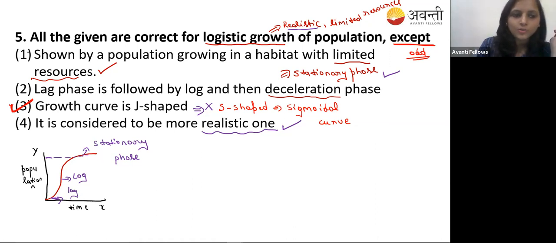Option 1 is correct, option 2 is correct and option 4 is also correct. So the correct answer is option 3. All of statements 1, 2 and 4 are right. Okay, so let us go to the next question.